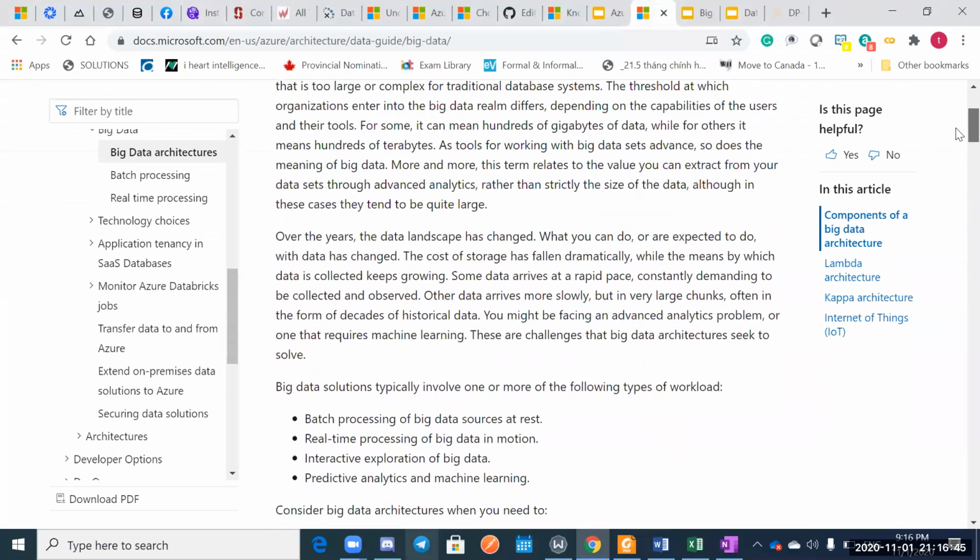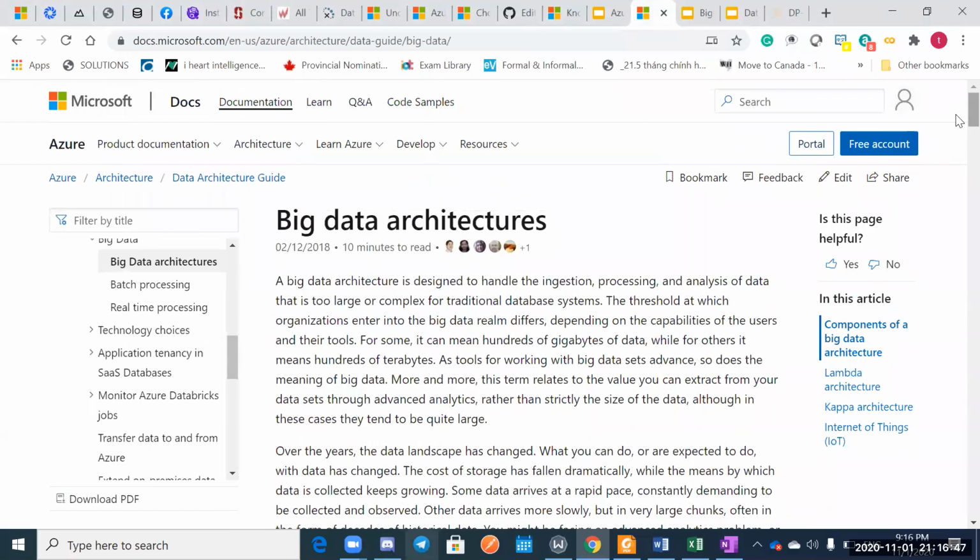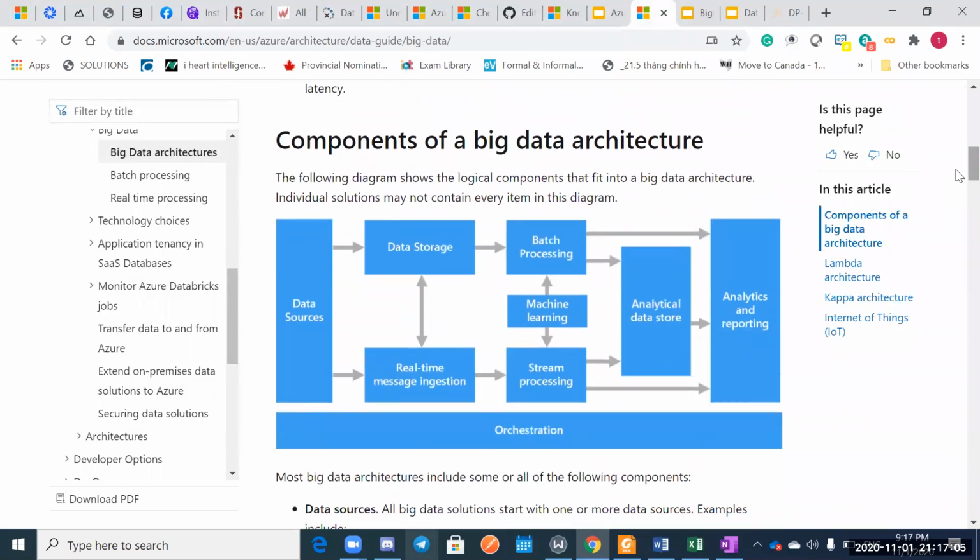Basically, in a cloud data architecture platform, there are two things you need to remember: how to process batch data and how to process real-time streaming data.